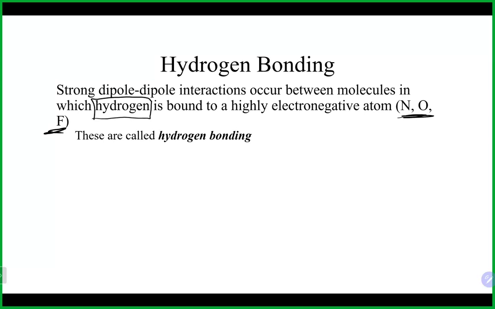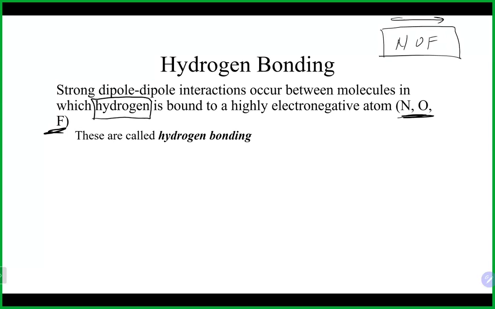So you've got to have that hydrogen directly attached to one of those to be able to hydrogen bond. If you look at the periodic table, that three-pack of nitrogen, oxygen, and fluorine is heading towards our most electronegative elements, right?